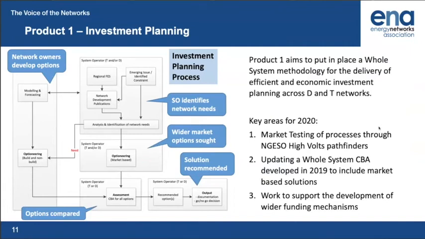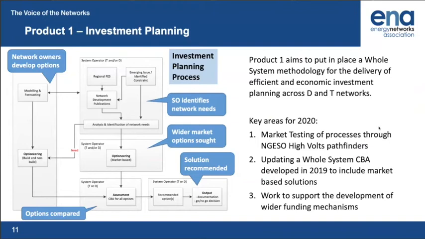Essentially, this product is building on the work of primarily products 2 and 4, i.e. we're looking at whole system requirements based on the forecasting that we're doing for the demand and generation and using the enhanced data exchange that we're proposing from product 4. This product is looking at developing a process that will deliver the best whole system solution.